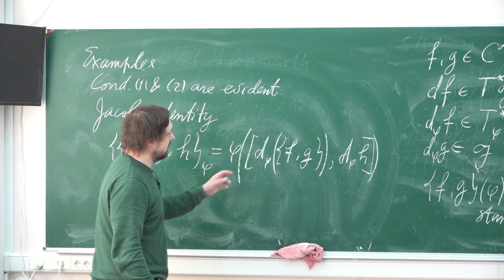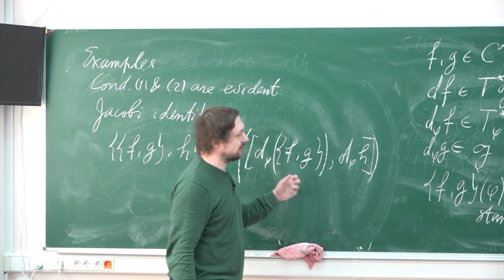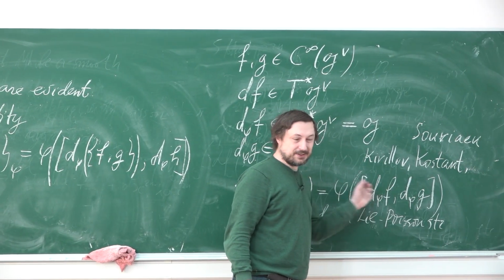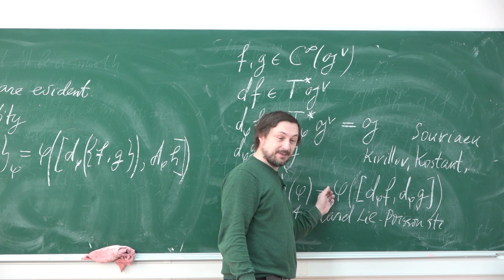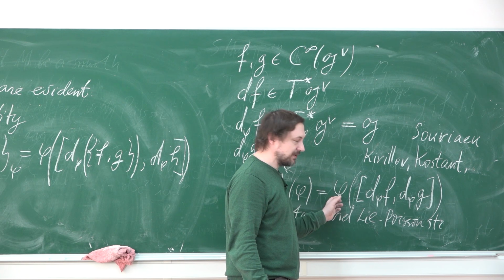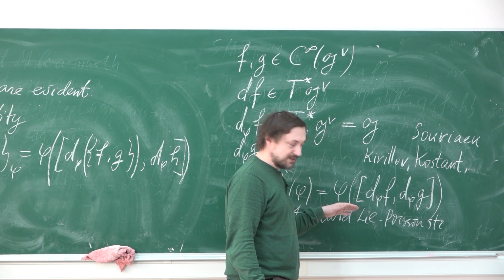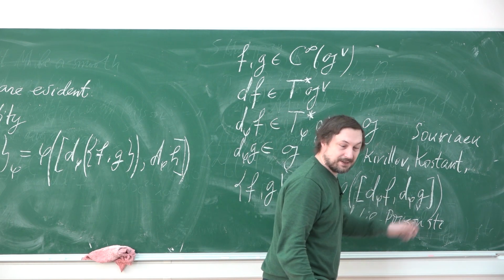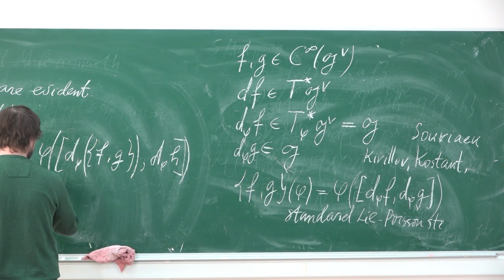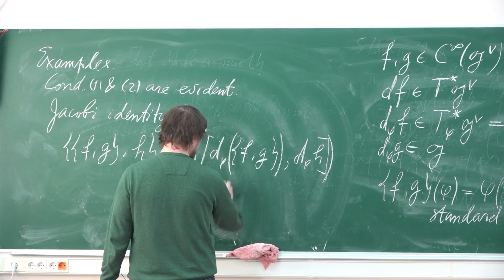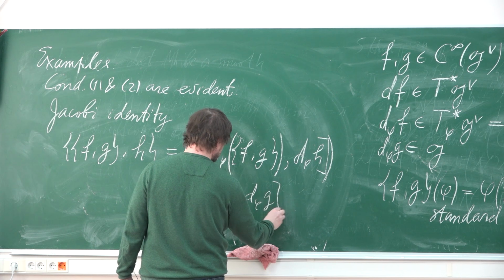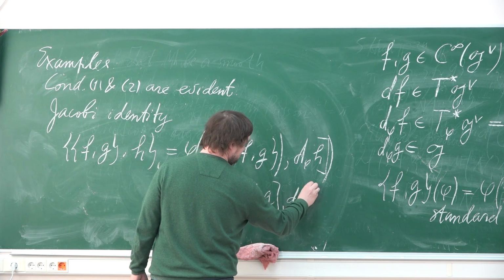But what is D? What is the differential of this function? Since this bracket is linear in phi, the differential of this function is just equal to this bracket. So what we have is just phi of this combination, d phi f, d phi g, d phi h.